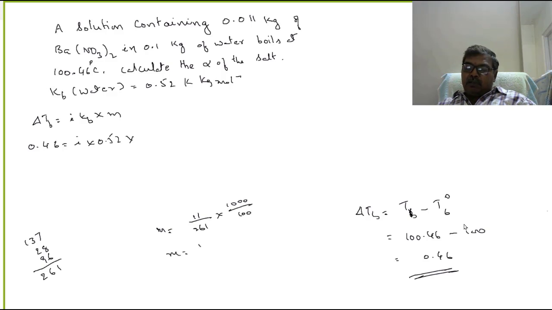So, m equal to 110 by 261. So, I is equal to 261 into 0.46 by 0.52 into 110. So, here you will get the value.